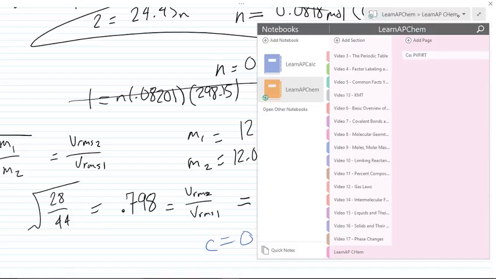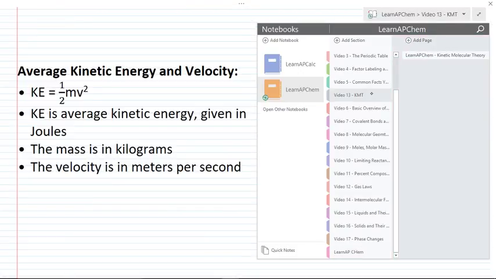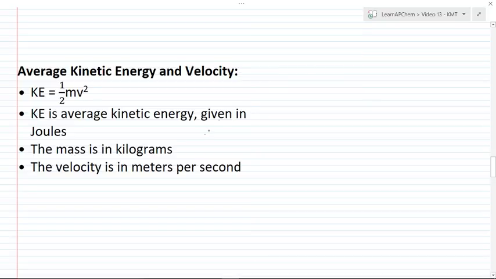Okay? So carbon monoxide has the higher root mean squared speed. Like I said, the mass here is in kilograms as opposed to everything else you've ever done in AP chemistry where the mass is in grams. So just keep that in mind.